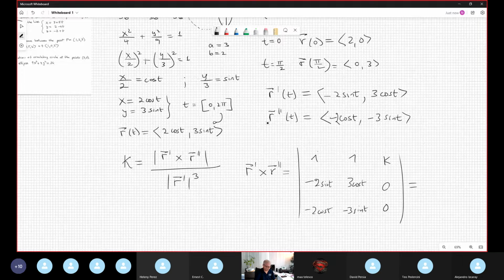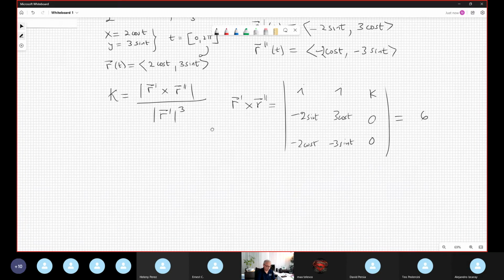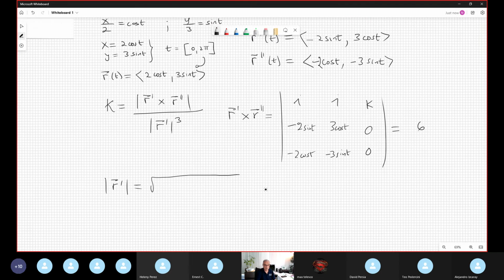Well, unbelievable. This cross product is constant, equal to 6. You can try to investigate this. And the magnitude of the first derivative is the square root of 4 sine squared t plus 9 cosine squared t.